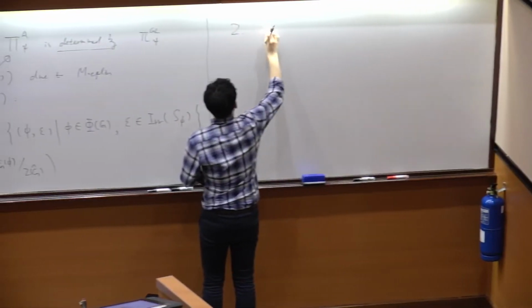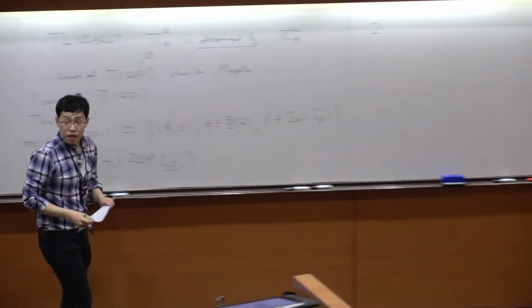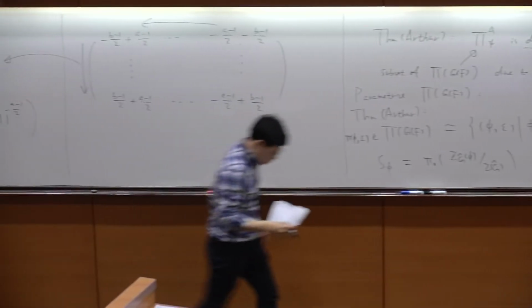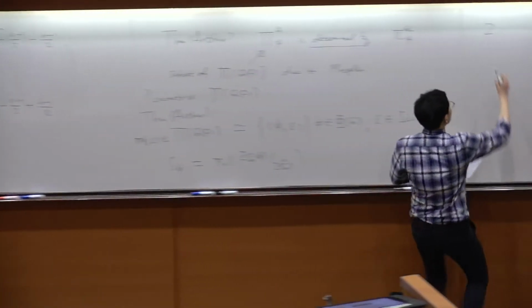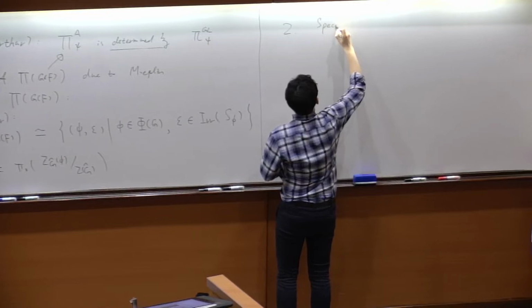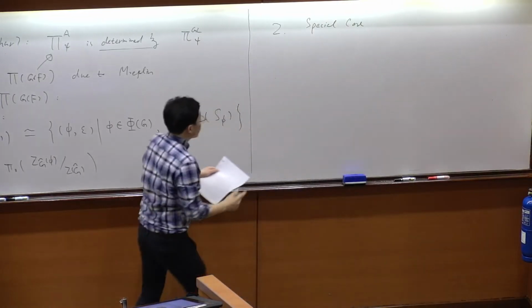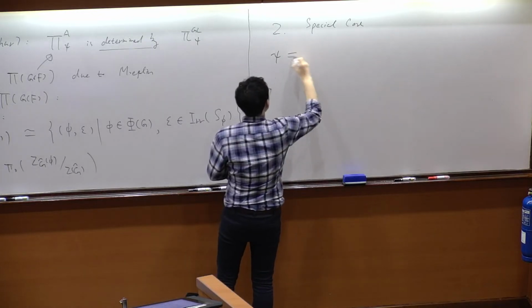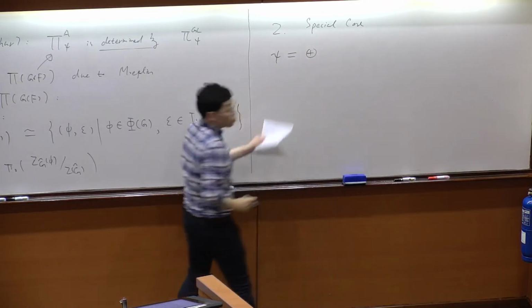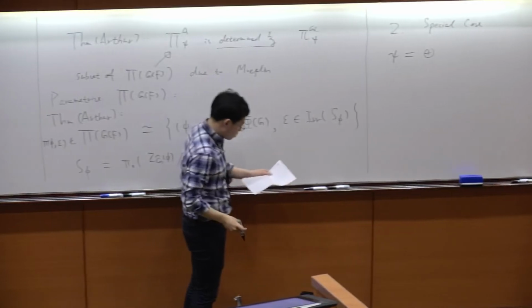So now I'll talk about how to describe things in a packet. And this talk will just be looking at one special case. So again, I'll write down the parameter in the form of its irreducible components.